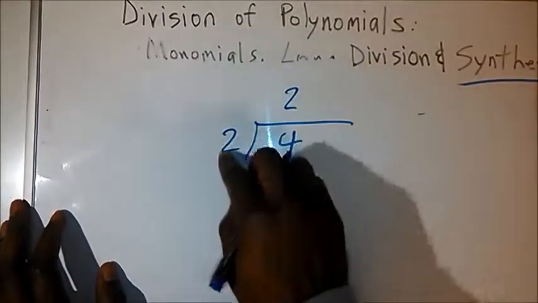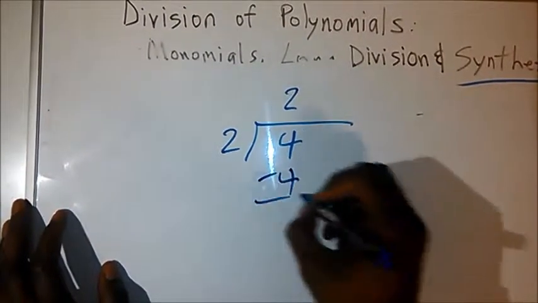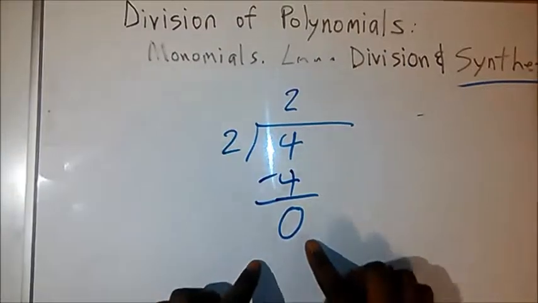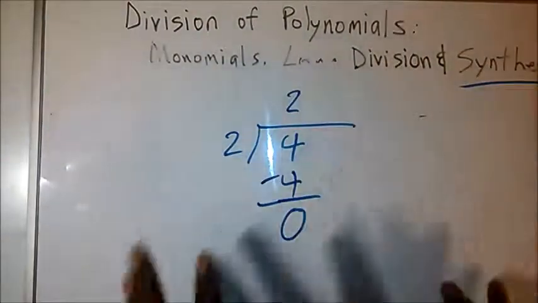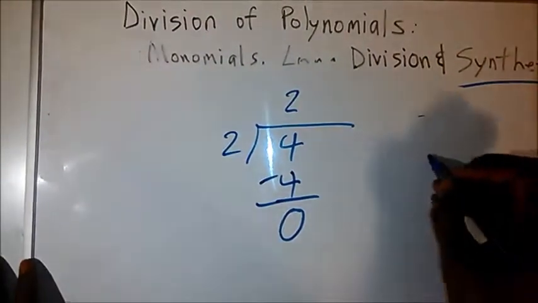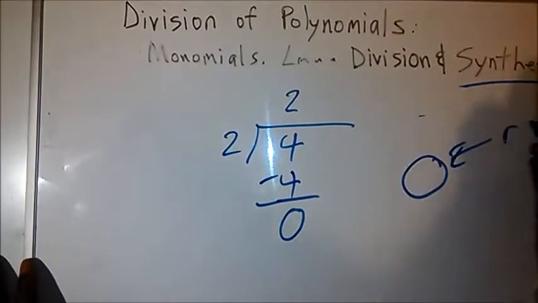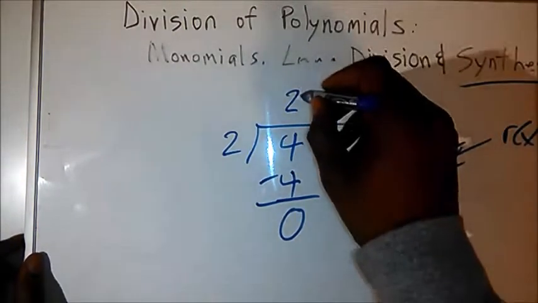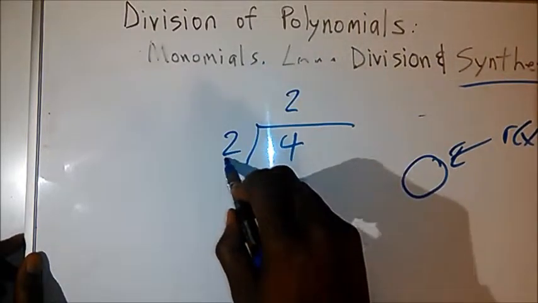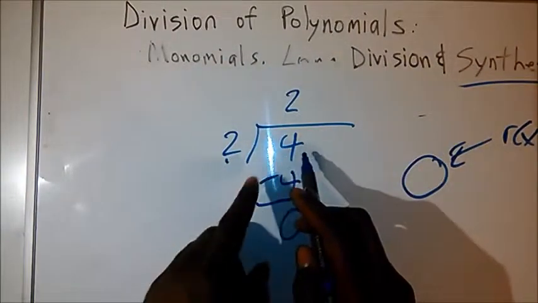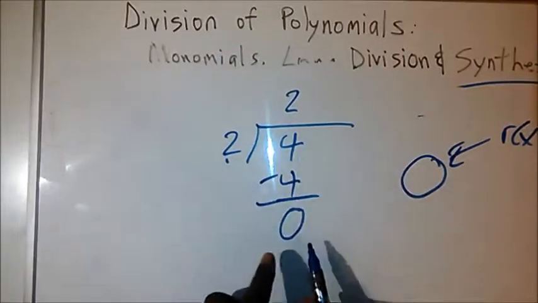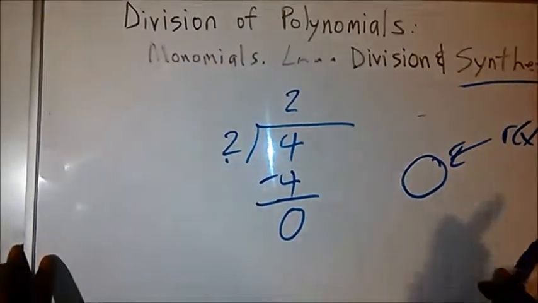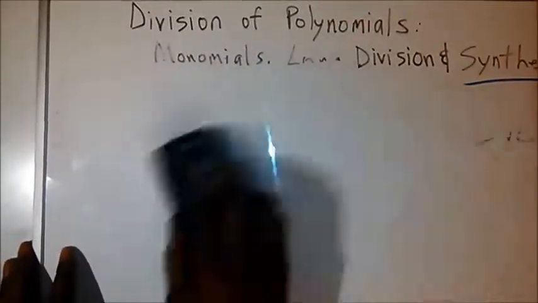And look, it is. 2 times 2 is equal to 4. We know that because our remainder is 0. So when we're doing our remainder theorem and we get a remainder of 0, and you ask if the divisor is a factor of 4, the answer is yes, because the remainder is 0. So it works out the same with algebra.